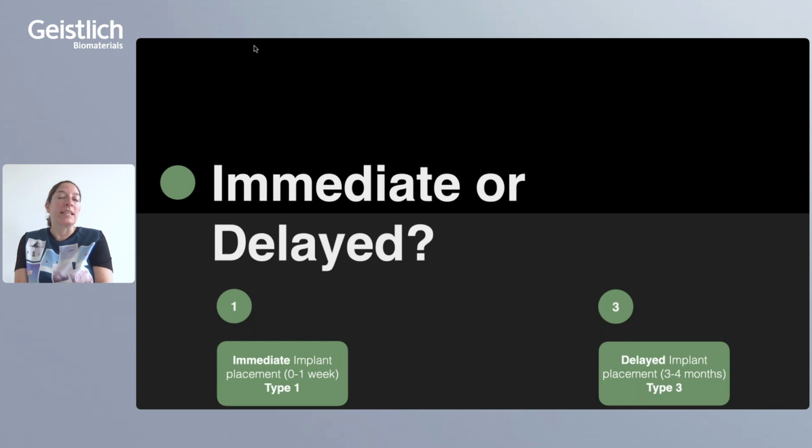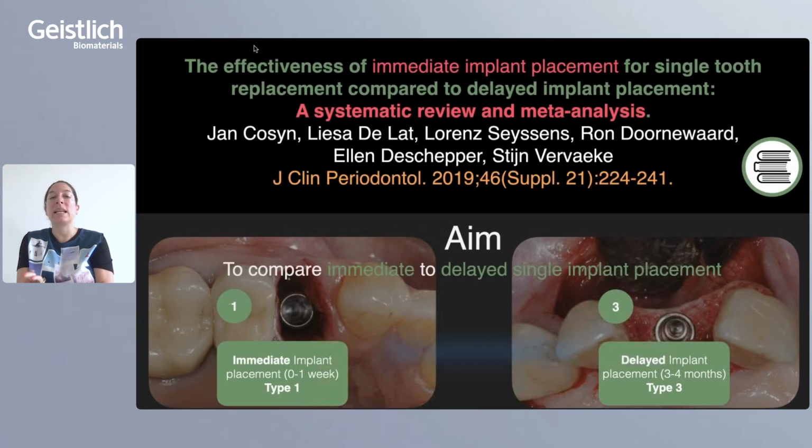Let's look at some data for immediate or delayed implant. So immediate type 1 versus delayed implant type 3, where we would await partial hard tissue healing. We would await healing for 3 to 4 months and then place implants.